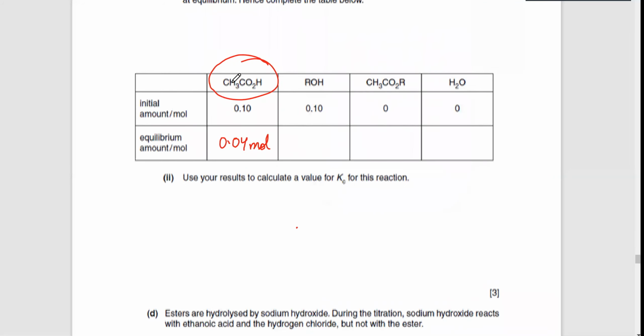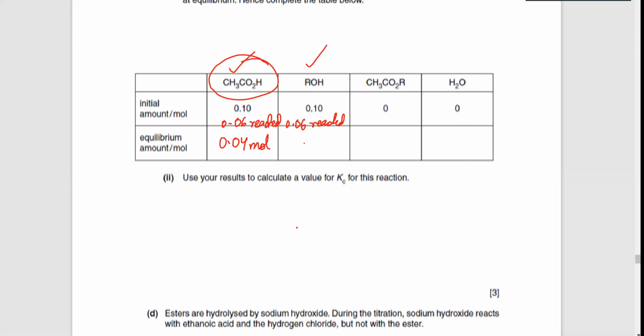That you initially added 0.1 moles. At equilibrium, you have 0.04 moles, so that means 0.06 moles have reacted, right? So if 0.06 moles have reacted, then these two react in the same ratio. So 0.06 moles of the alcohol must have reacted as well.